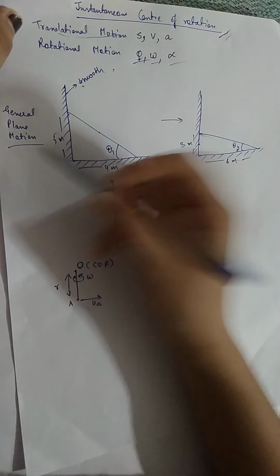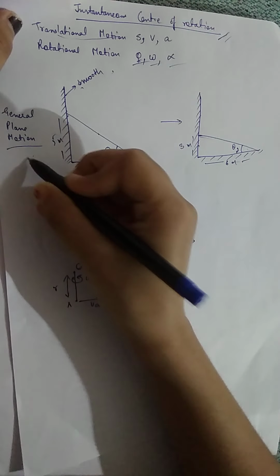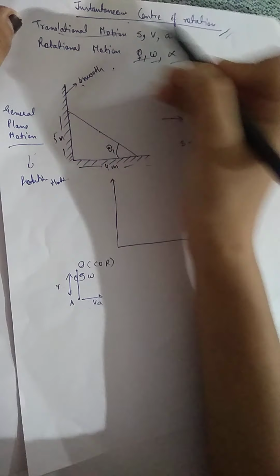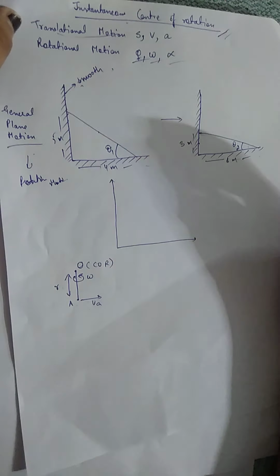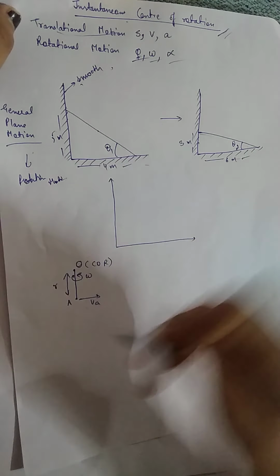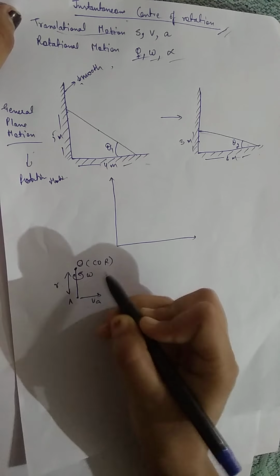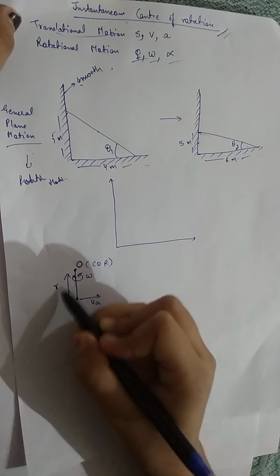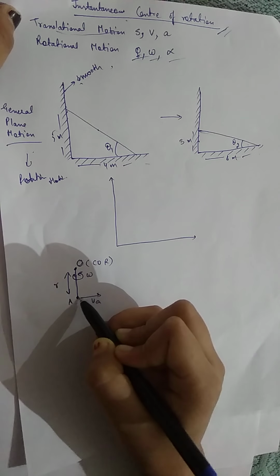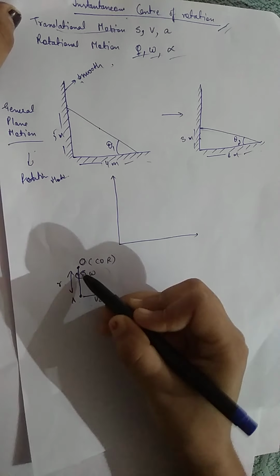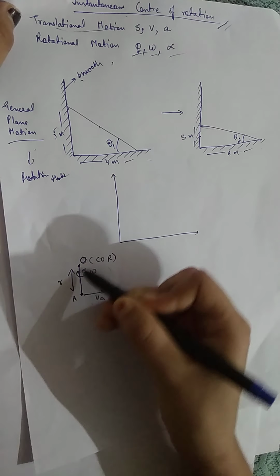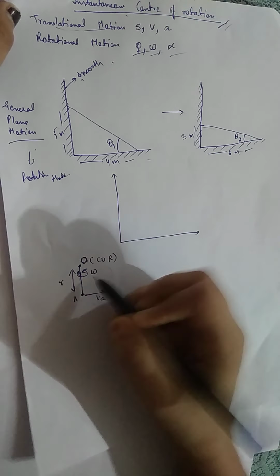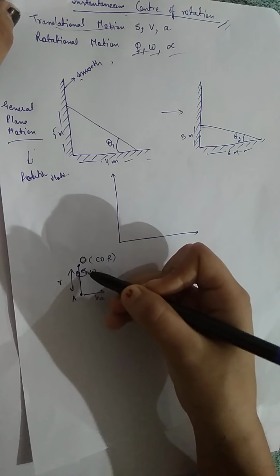So we are going to change this general plane motion to rotational motion with the help of instantaneous center of rotation. And how will we find that? We will see that now. Suppose there is a center of rotation O and a radius r, and this point A is moving in this direction, and suppose OA is rotating with some angular velocity omega about this axis.